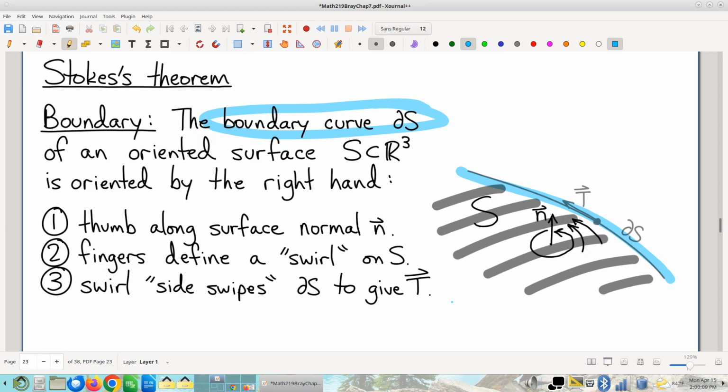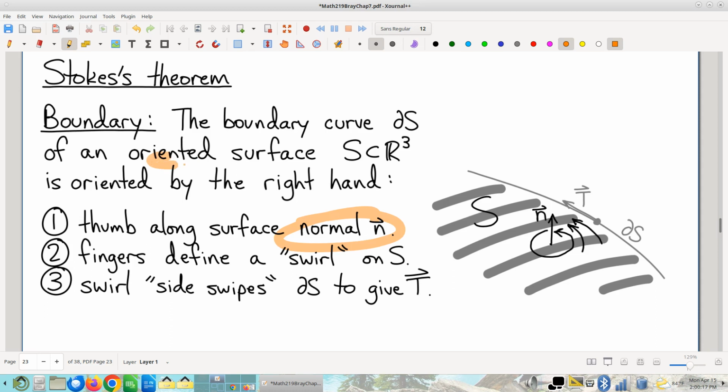It's a little bit harder to describe than previous ones we've talked about. But what you do is you start with the orientation on your surface, right? Like this. Keep in mind we begin with an oriented surface. You use your right hand, arbitrary, to be fair, but right hand, that's the deal.